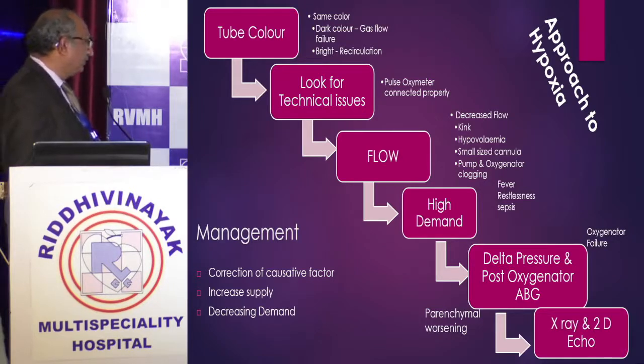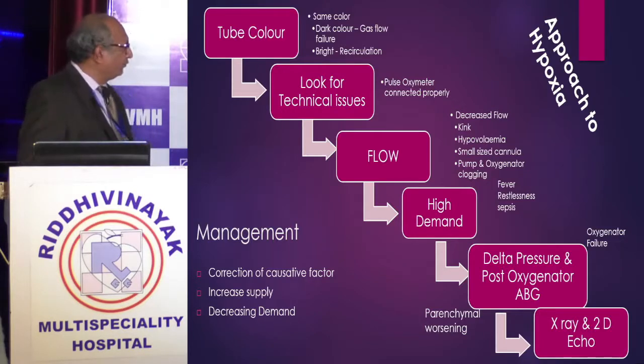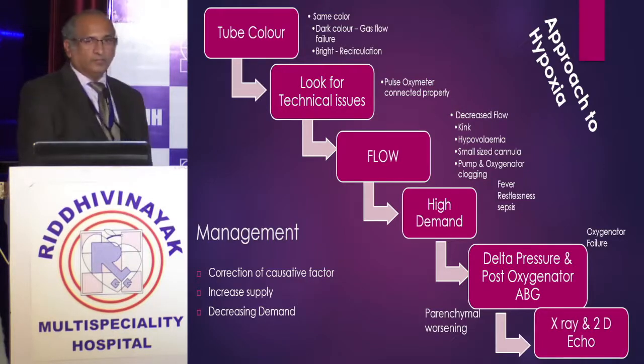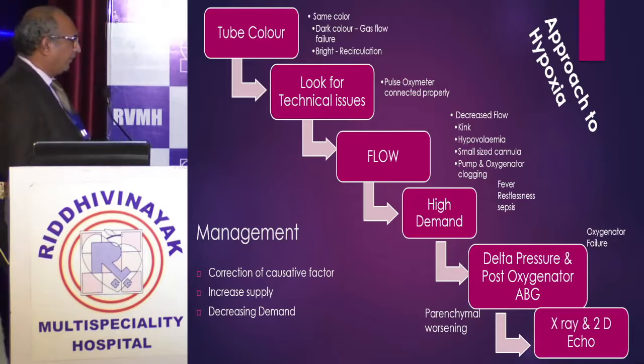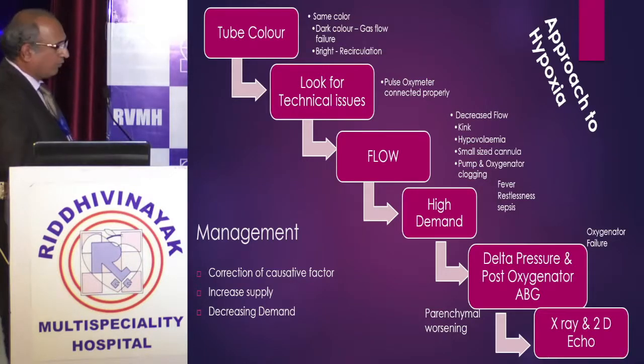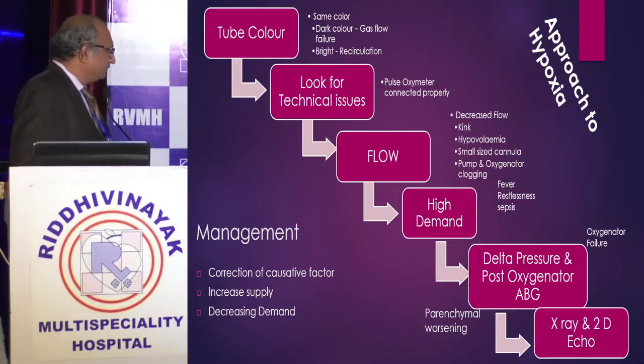Whether the patient demand is increased, whether the patient has fever, is awake, restless, or is going into sepsis. All that can lead to hypoxia. Look at the delta pressures, get an X-ray and 2D echo or sonography of the chest done to rule out parenchymal worsening. And how we manage the cause, I already discussed that.